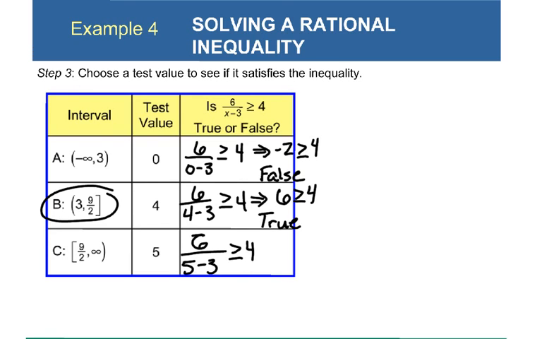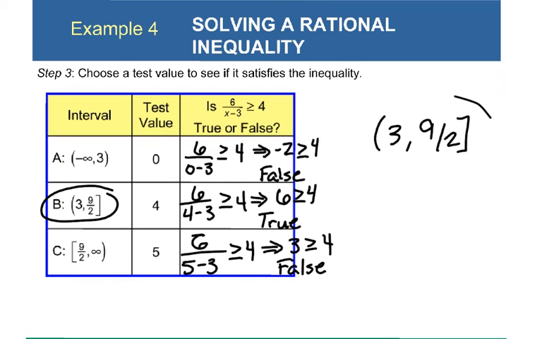And then that ends up giving us 3 is greater than or equal to 4. Well, that is false. So we have our solution is this interval right here, 3 to 9/2. And we are done with that one.